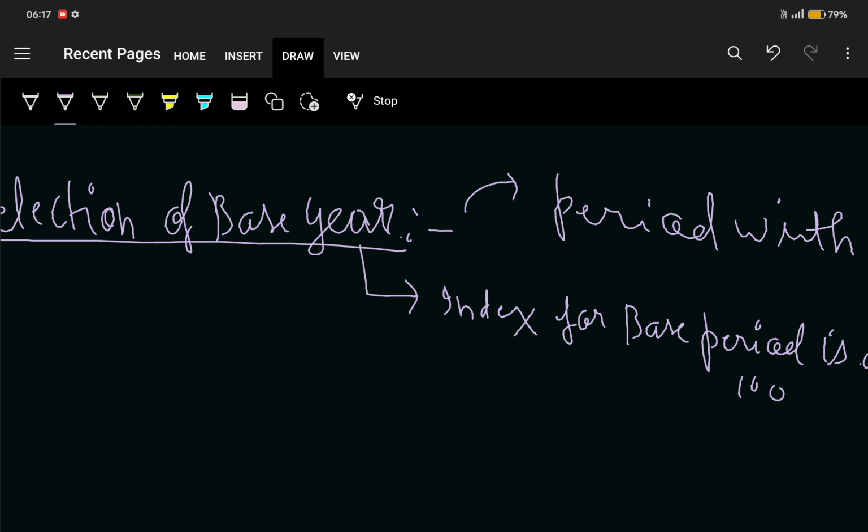We can't take the corona period as base period, because at that time the changes in everything were at a high level. For example, the unemployment rate between April and September 2020 was at its peak in the data we have till now.